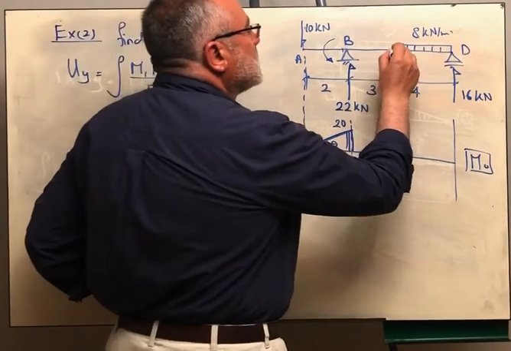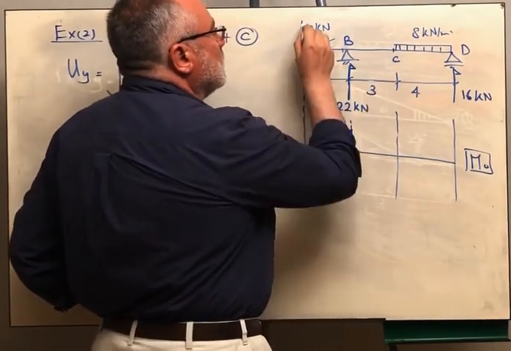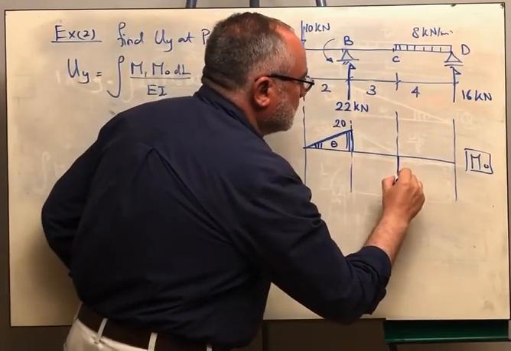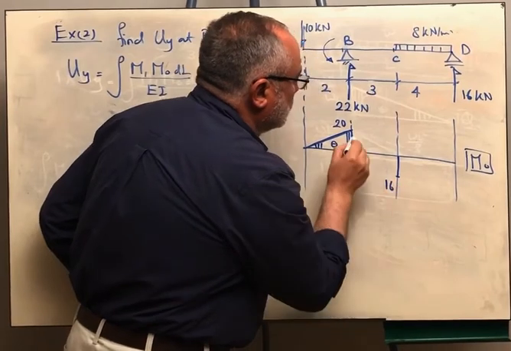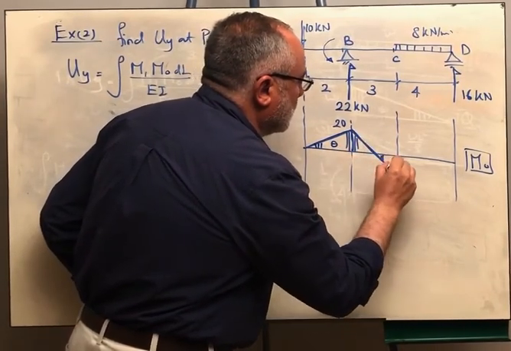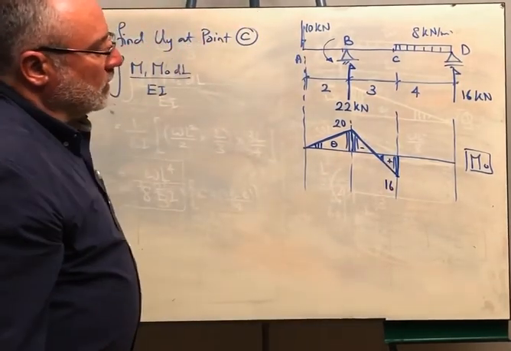And then we take moments about point C, the 22 times 3 minus 10 multiplied by 5, it will give us here 16 kilonewton meter, and this will be the magnitude of the bending moment like that.